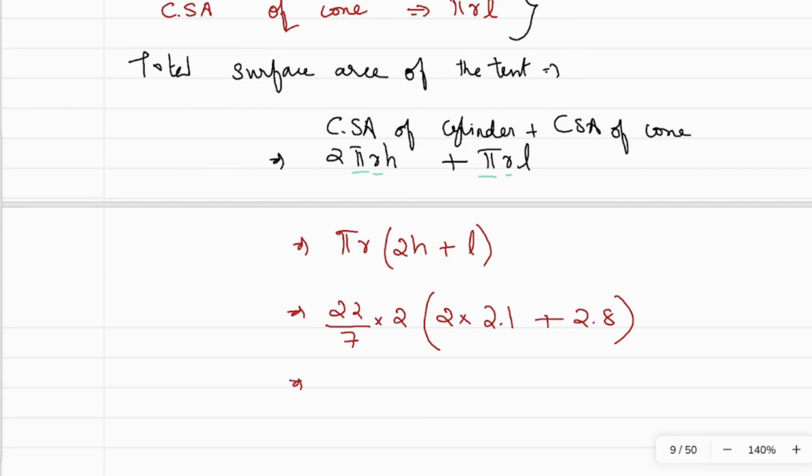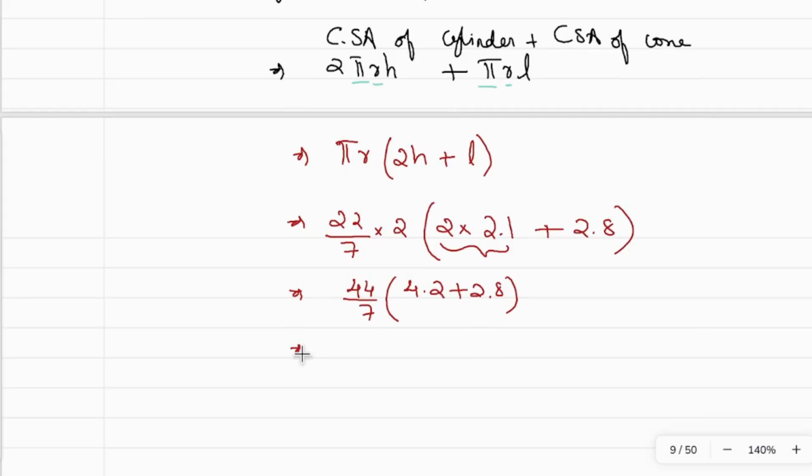So now what we will get here? 22 by 7 into 2 into 2.1 plus 2.8, which is equal to 44 by 7 into 2 into 2.1, that is 4.2, plus 2.8, which is 44 by 7 into 7.